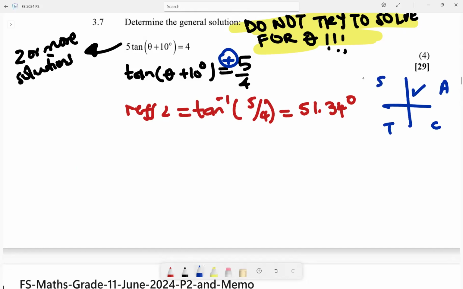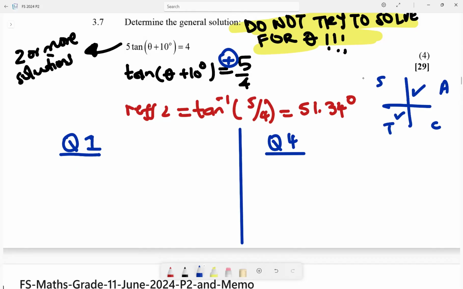Tan is positive on this quadrant and that quadrant. So we want the quadrants where tan is positive. Tan is positive on quadrant 1, so we'll look at quadrant 1, as well as quadrant 3.